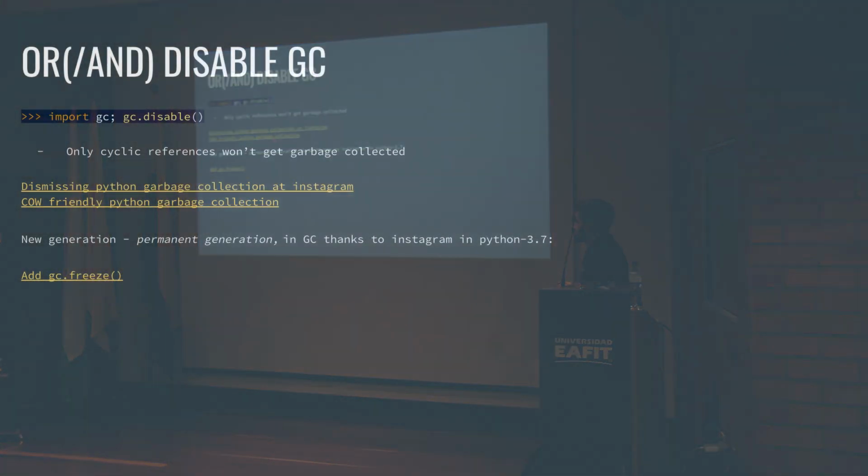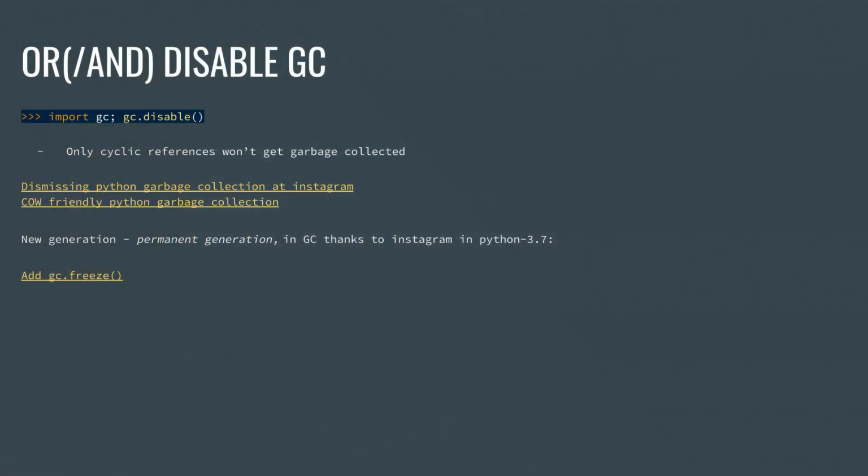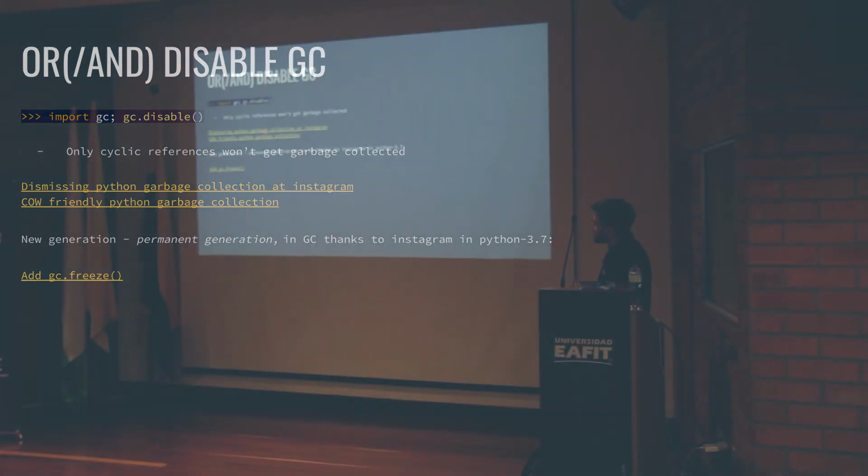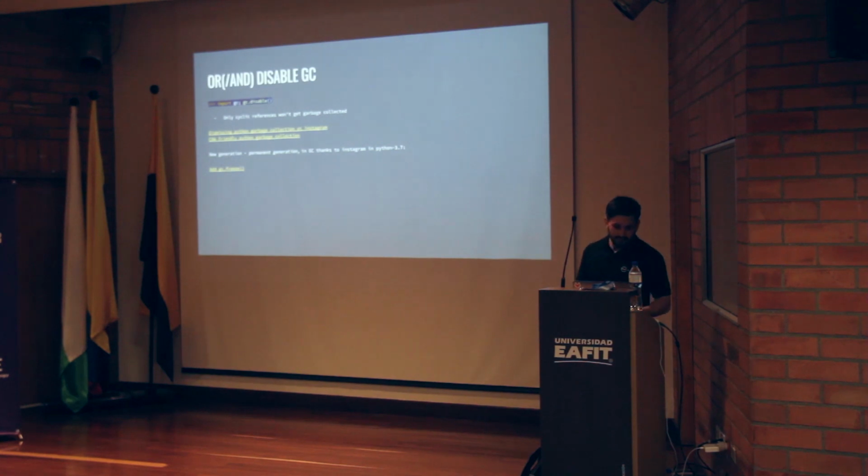And maybe you read these cool articles. They're actually from Instagram. The first one was their attempt to disable the garbage collector, which they did. They gained around 10% CPU performance increase, and ironically they also saved memory.